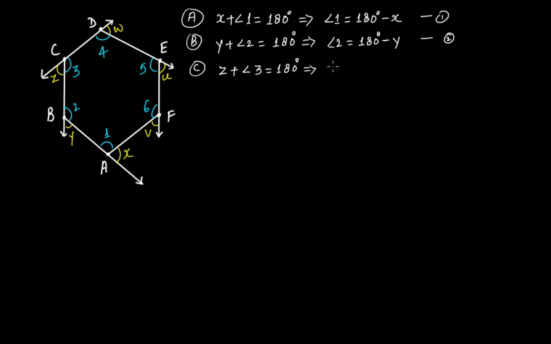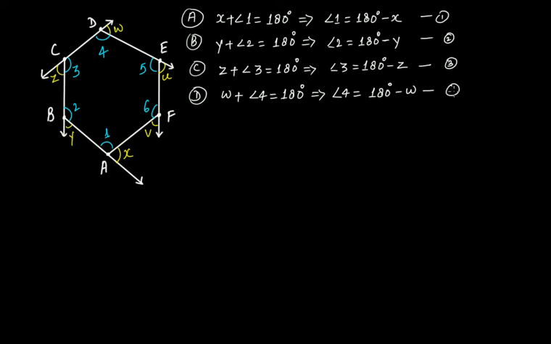If you solve it you get angle 3 is equal to 180 degrees minus Z. This is 3. From vertex D you get W plus angle 4 is equal to 180 degrees, and you get angle 4 is equal to 180 degrees minus W.